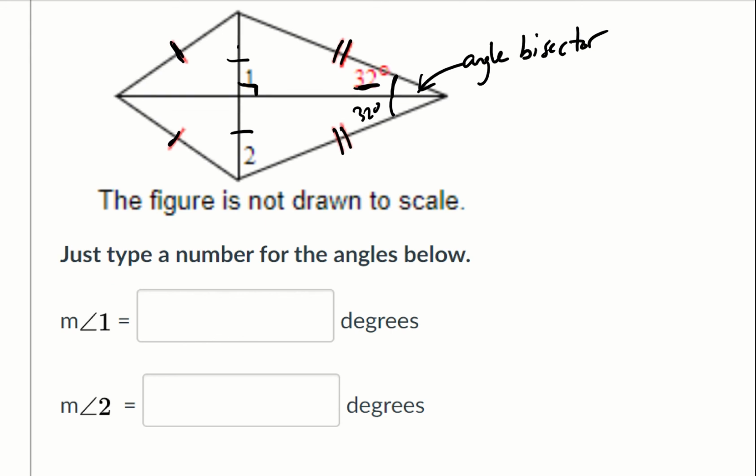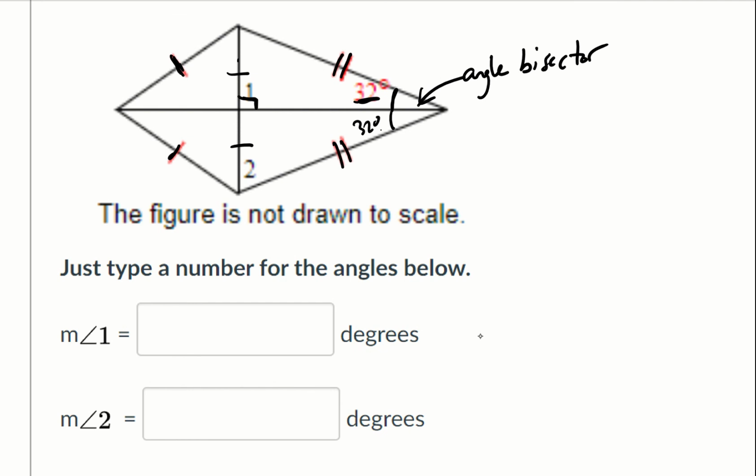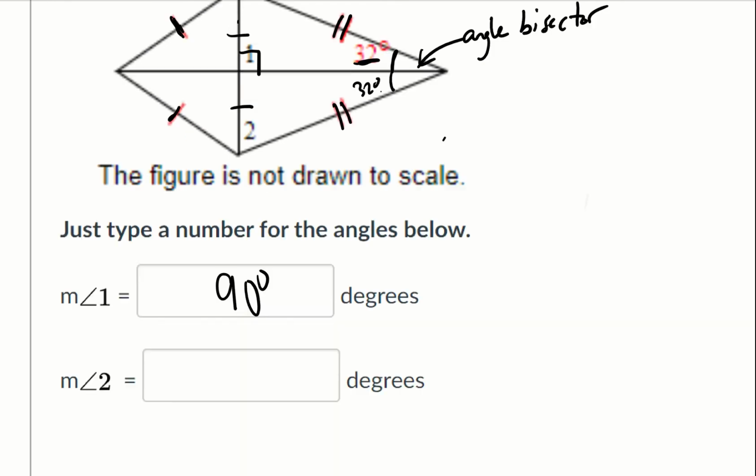Okay, so we know that that's 32, so then we can go ahead and find the other angles. So we obviously know angle 1 is 90 degrees because we said that that's one of the properties. So angle 1 is 90. Okay, so we'll put a little right angle there for angle 1.